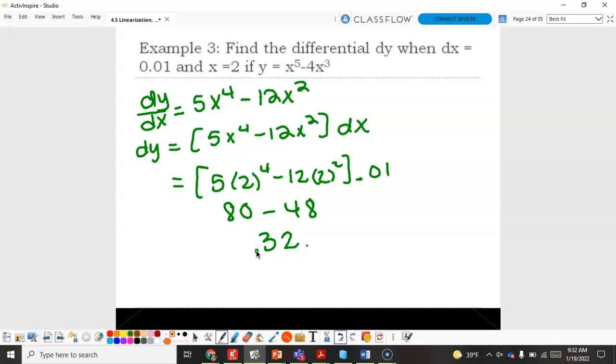So if the original x value is 2, and my dx is 0.01, that means my new x is 2.01. That's my delta y. Yeah. So that's this answer. So 0.32 is showing that. Oh, we just solved the first one.